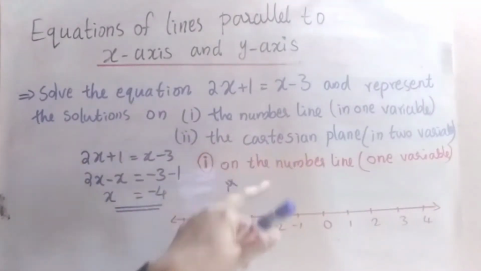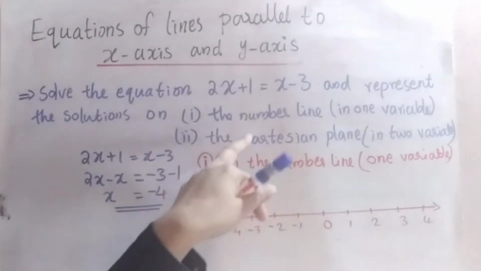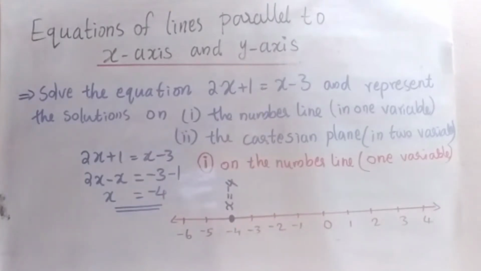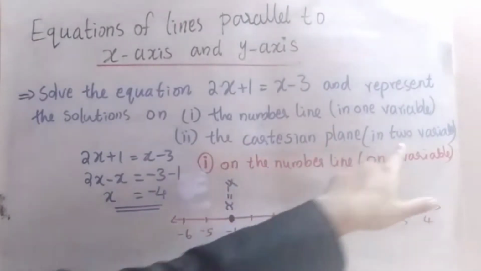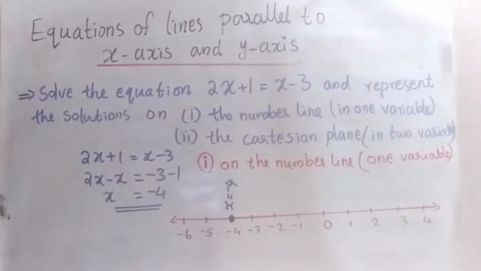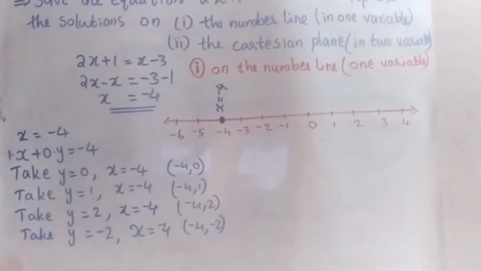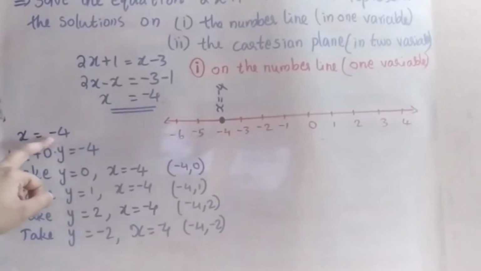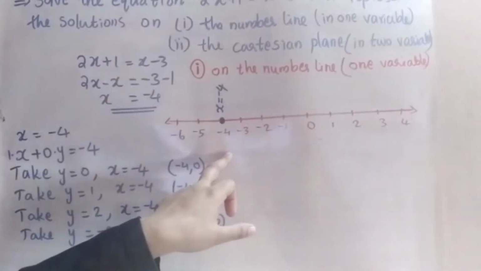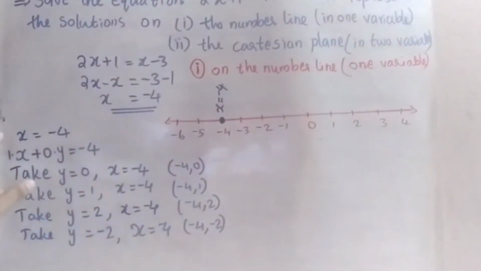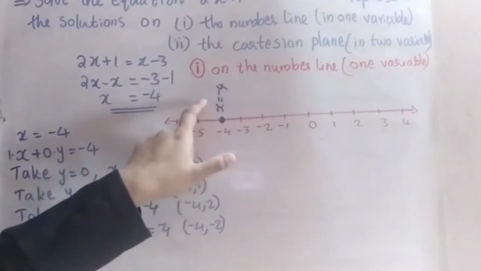Let's move to our second question, the representation of x equal to minus 4 on the Cartesian plane. On the Cartesian plane we need to make it in two variables. x equal to minus 4 is the solution. For the representation of one variable on the number line, we need only the value x equal to minus 4, and we plotted it.